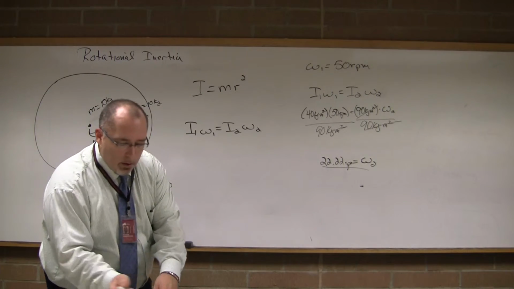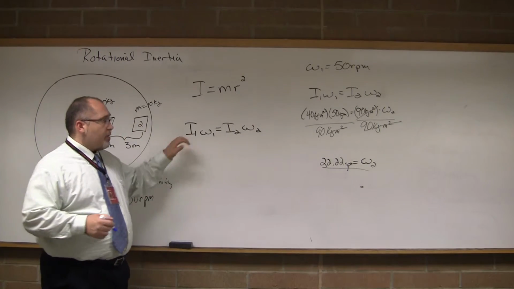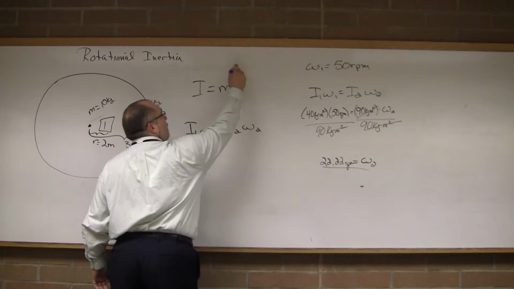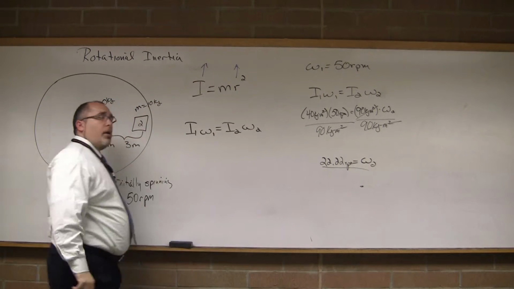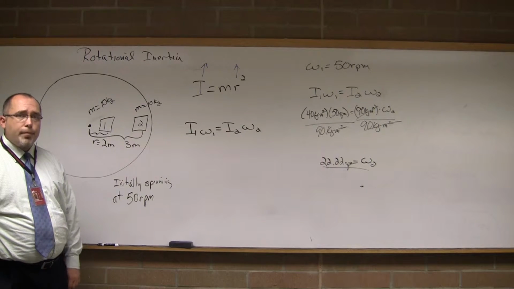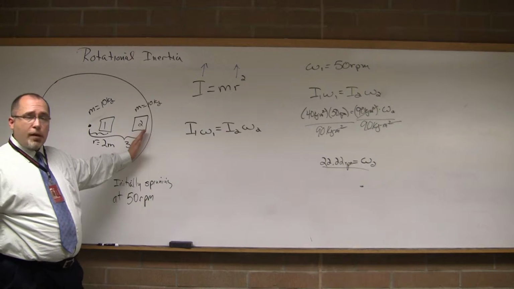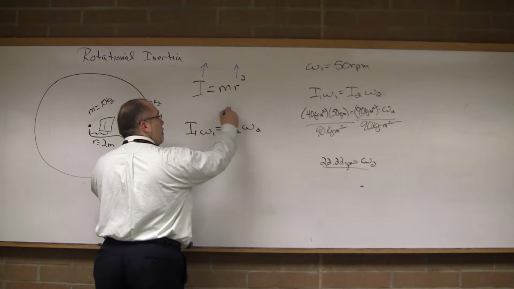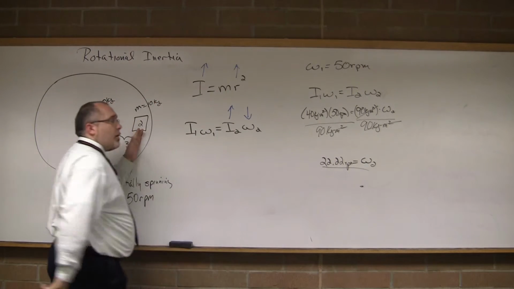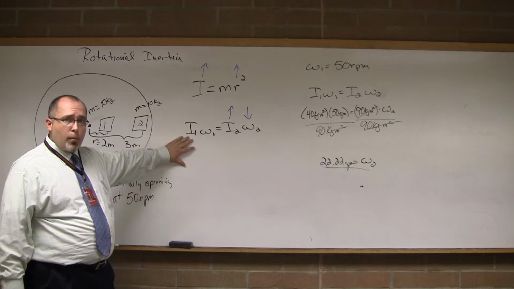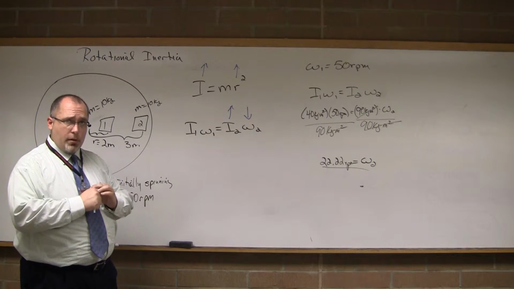Now, typically what's going to change is the radius. If the radius increases, naturally, that's going to cause an increase in the rotational inertia. That's a direct relationship there. But that increase in radius, like we had here, caused a decrease in rotational velocity. When you apply it to the conservation of angular momentum, it's an inverse relationship.